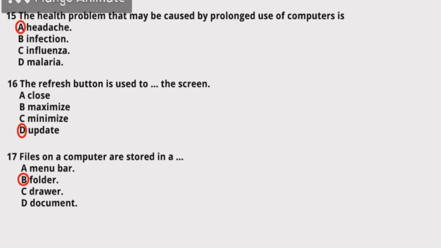You can have a folder for music, a folder for documents, and when I say document, I mean Word documents. Anything, songs, can be stored in a folder. You can have a folder for music, a folder for pictures, just like that.